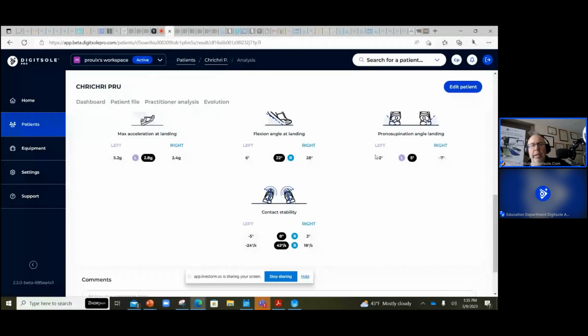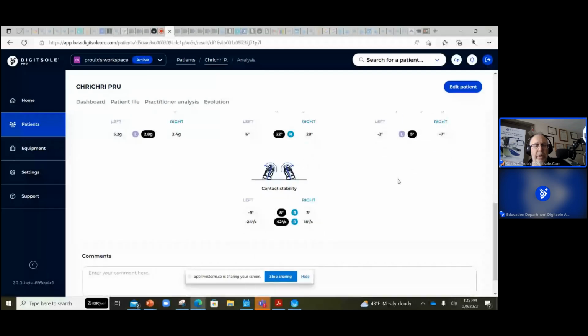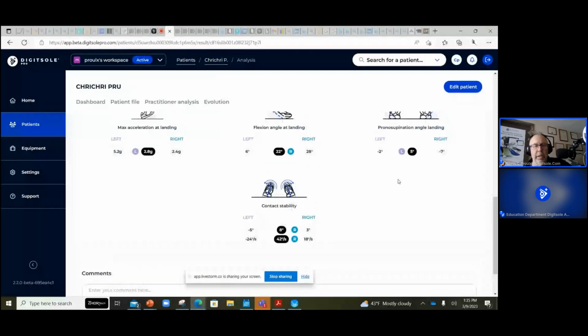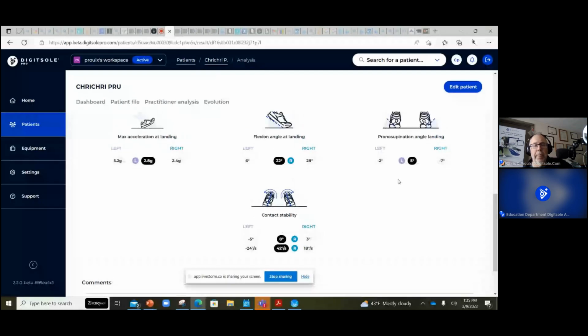We do see that it's much higher in the right, which means that they're probably in a greater position of supination than we see on the left. And again, that makes sense because with too much supination in that position, they're fearful of potentially having that injury, right? Because that's not a stable position for someone with chronic instability. Okay, and we've already talked about contact instability.